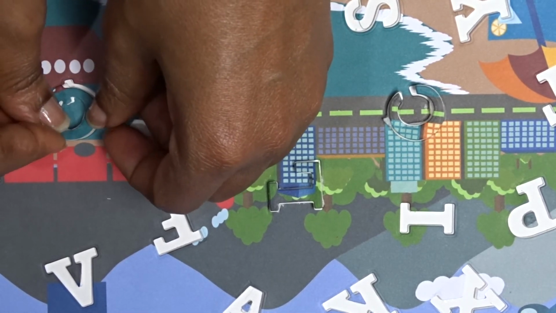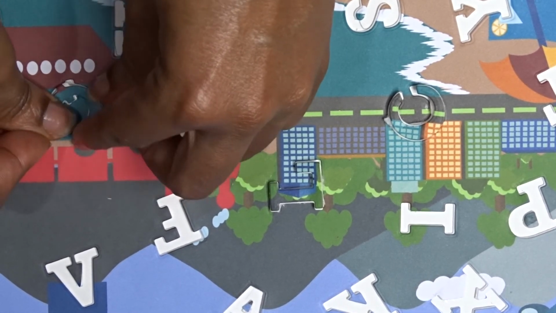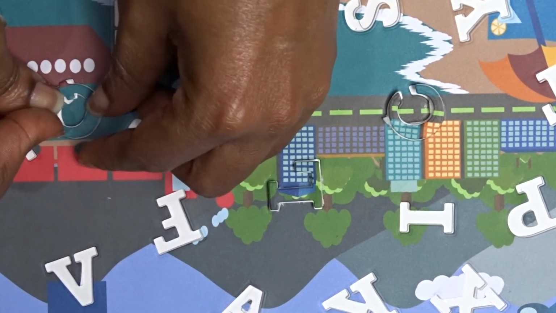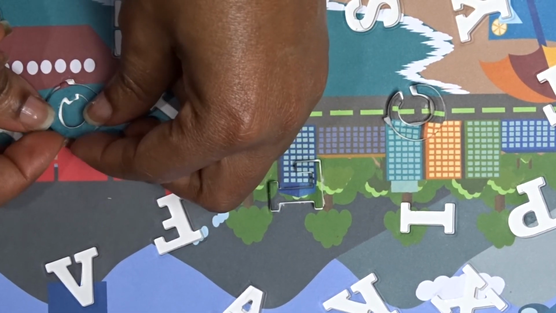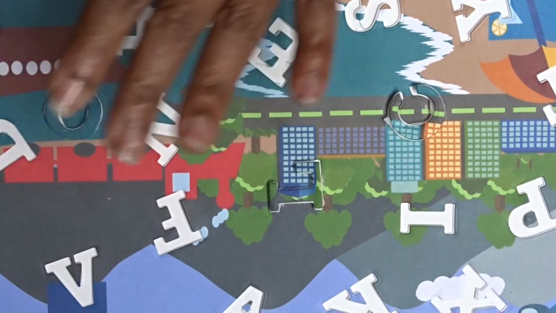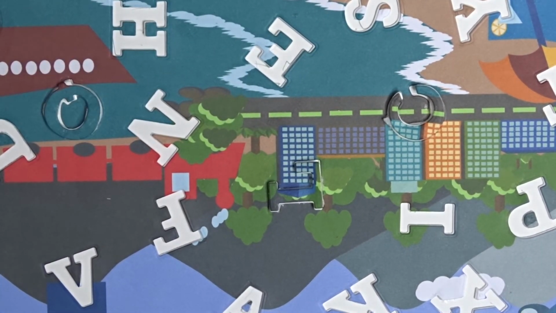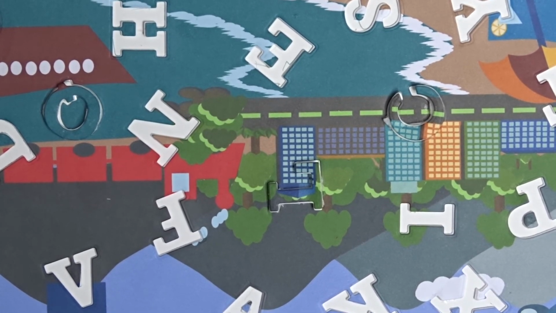Okay, now that one is sticking, but I didn't place the alphabet properly. If you don't want to use Velcro, you can just leave the game like that.